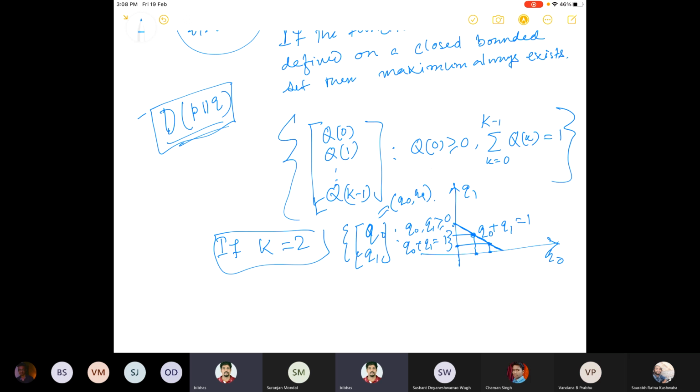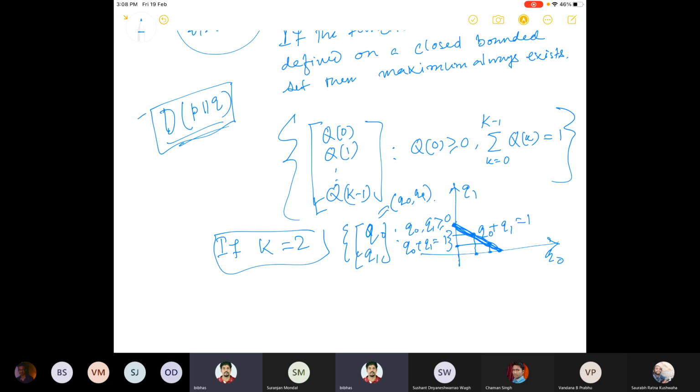And this set is, of course, bounded and closed. I'll not define what closed is here. Bounded means it is not infinitely extended; it is finitely extended up to here. So the region is just a line segment.